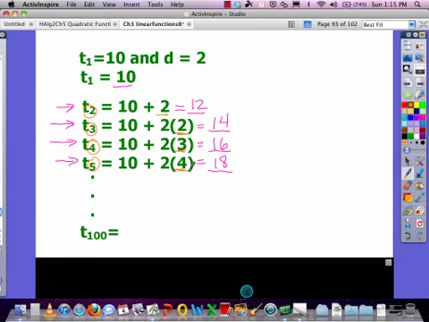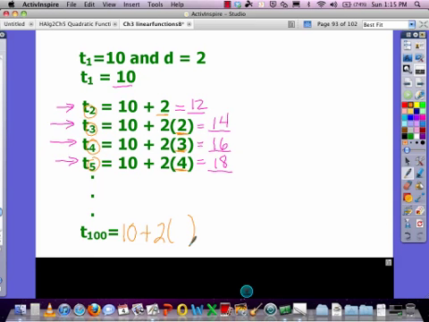So let's go down to T100 and let's write its sequence or pattern based on this. Its first term would have started with a 10. It would have been plus, our constant difference is still a 2. But if we go based on the pattern we observed up there, we're noticing it's 1 less constant difference.